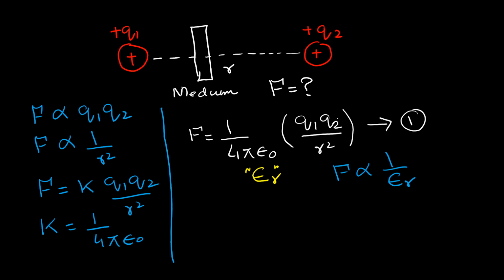So we write the relative permittivity in the denominator of equation number 1. Equation number 1 becomes F is equal to 1 over 4 pi epsilon naught into epsilon R into Q1 Q2 divided by R square.